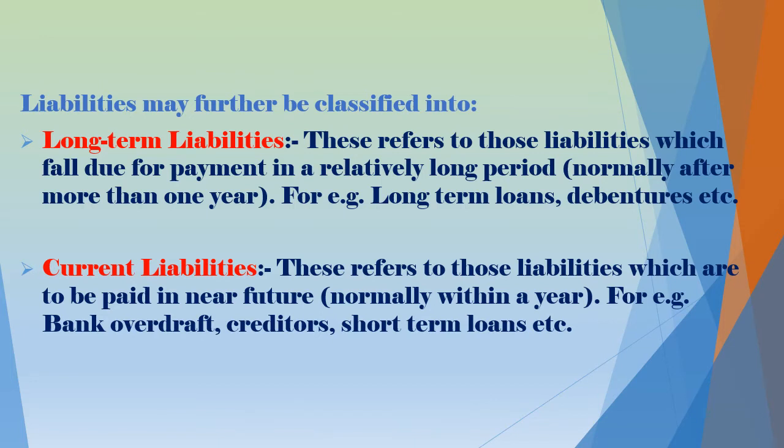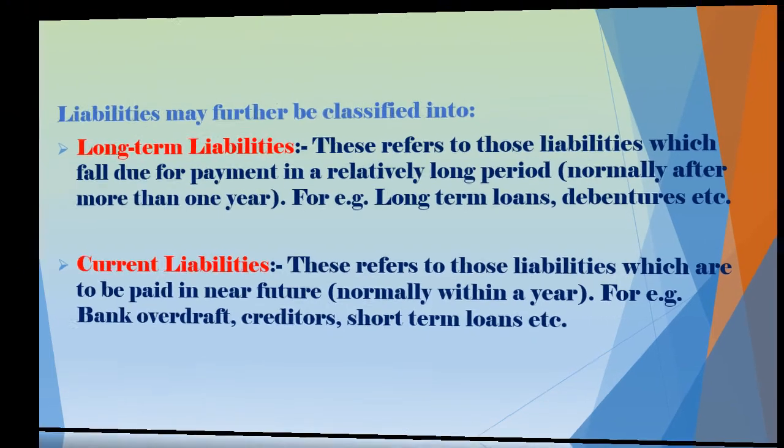You have taken a short-term loan from the bank, which you have to pay quickly, normally within a year. So liabilities may further be classified into long-term, normally after more than 1 year, and short-term or current liabilities, normally within a year.